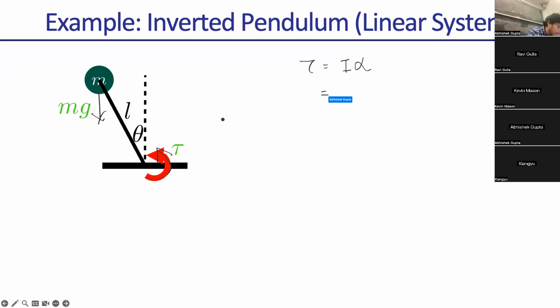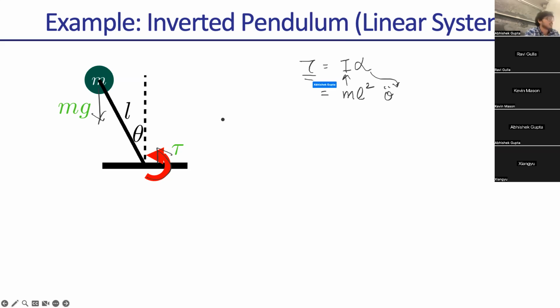The moment of inertia is going to be ml squared. And your rotational acceleration is going to be theta double dot, just by definition. Acceleration is the second derivative of position. Okay. So the right-hand side is ml squared times theta double dot.